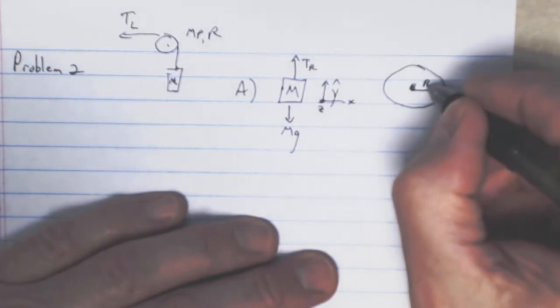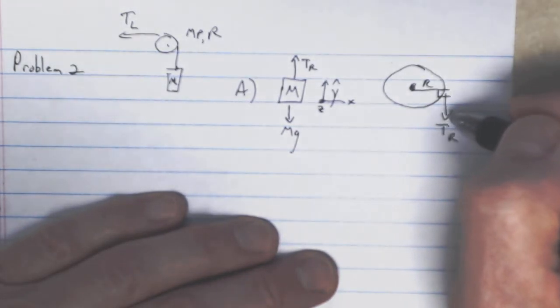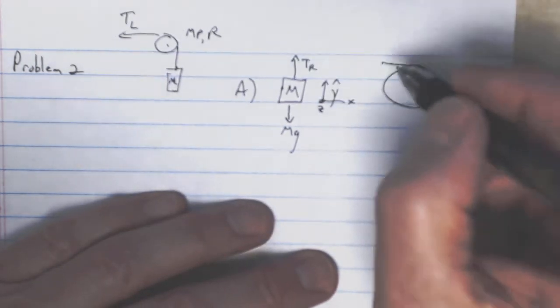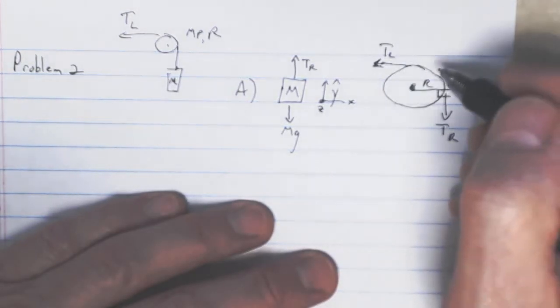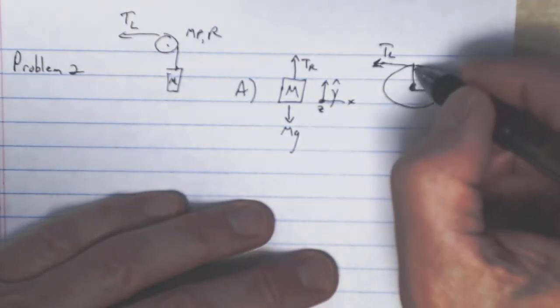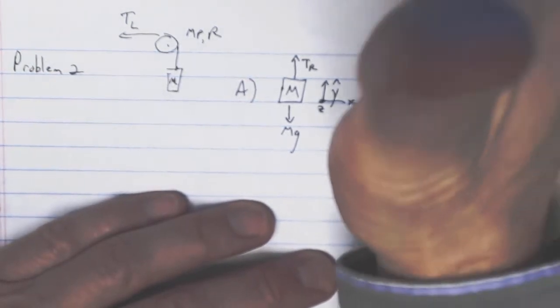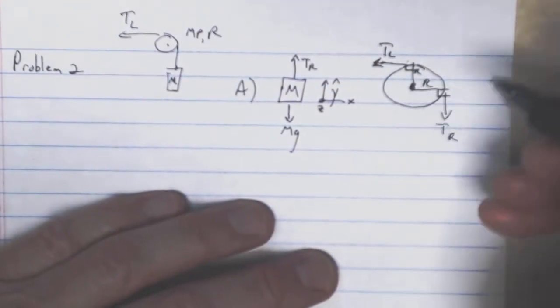R will be your moment arm. These two are perpendicular. And so this will give you a negative Z angular acceleration, whereas the force pulling to the left that you're pulling with will give you R, which is again perpendicular to TL. So R cross F will be a torque out of the page towards you.